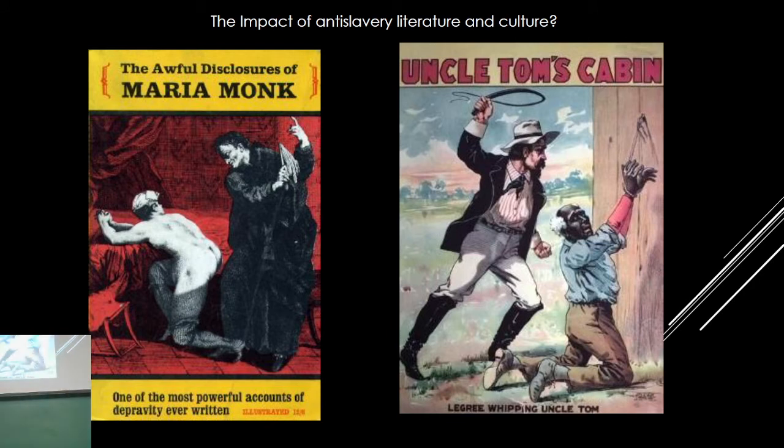Another thing is that while the Democrats and the Whigs in the party system that starts around 1824 and is on shaky ground in the 1850s and 1860s refuse to talk about slavery, there's a growing proliferation of cultural productions aimed at calling attention to slavery.